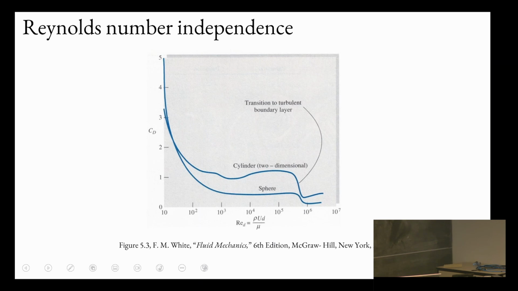That's because the wake probably decreases in size because the boundary layer remains more attached. This is for a very smooth case, but this sharp drop-off could be achieved at a lower Reynolds number if you had something to induce turbulence in the boundary layer or energize the boundary layer, for example, vortex generators. Are there any questions about this Reynolds number independence figure?